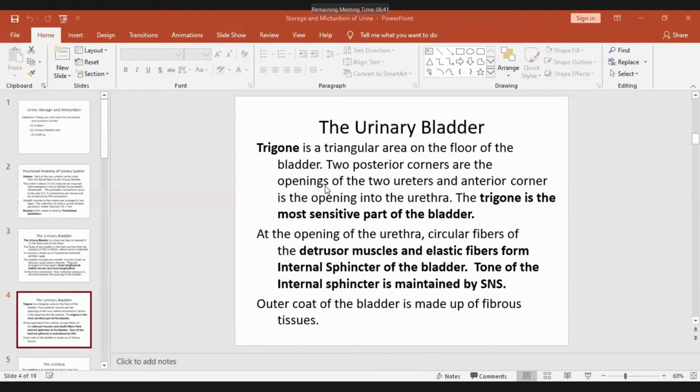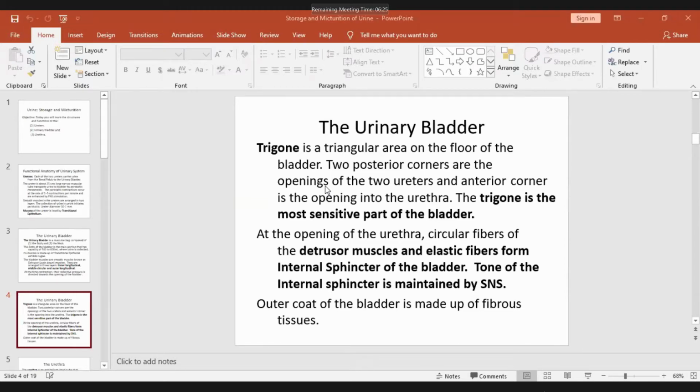Another important point about this internal sphincter is that, in case of males, it is responsible for preventing the reflux of the semen into the bladder at the time of ejaculation. At the time of ejaculation, when the semen is ejaculated in the urethra, it can go back to the bladder.